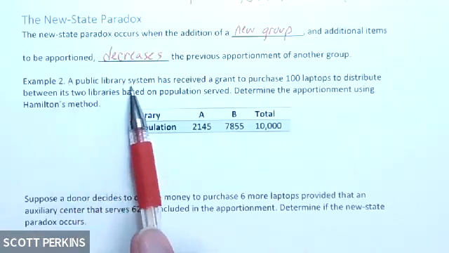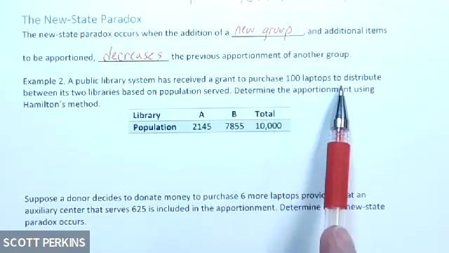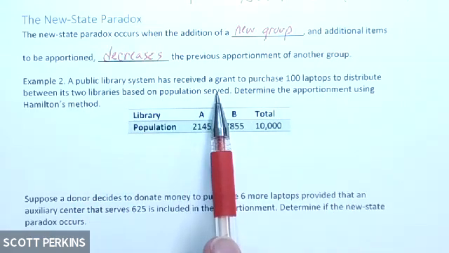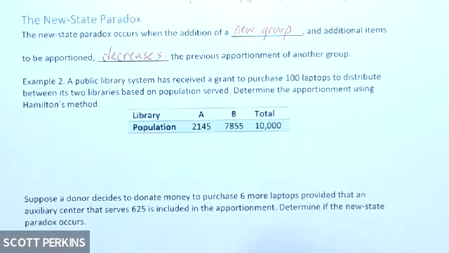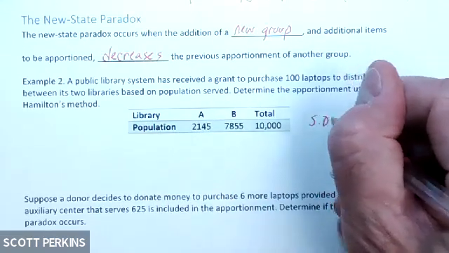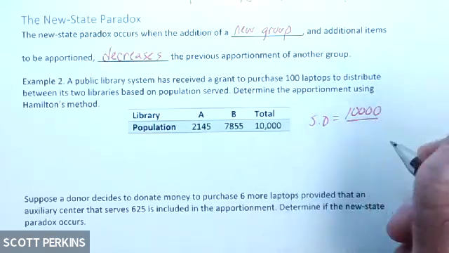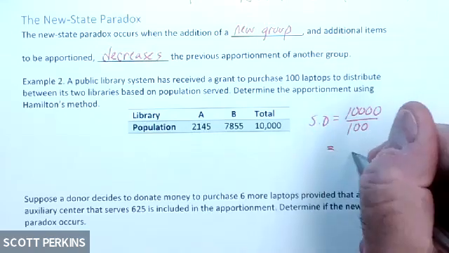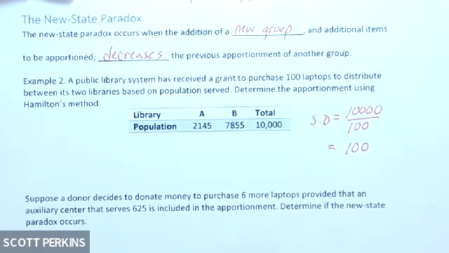I've got a public library system that has received a grant to purchase 100 laptops and distribute them between its 2 libraries based on the population served. Determine the apportionment using Hamilton's method. Okay, great. So my standard divisor is 10,000 divided by the 100 laptops. And so that turns out to be 100. 100 people per laptop is what we're going to do. Can do this part without the calculator.